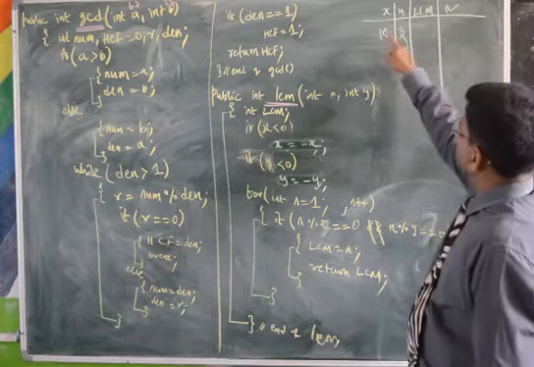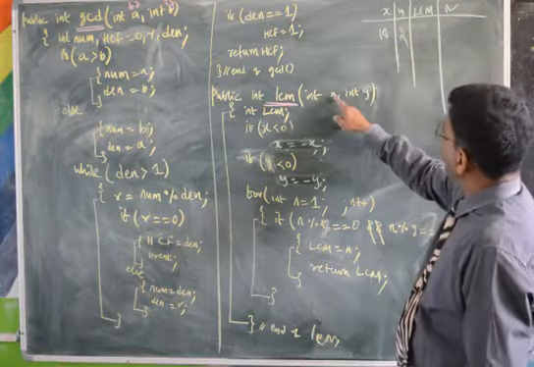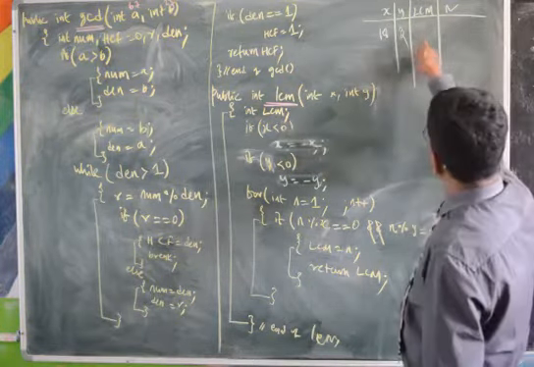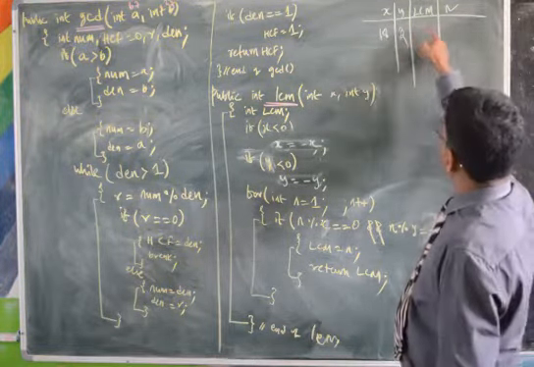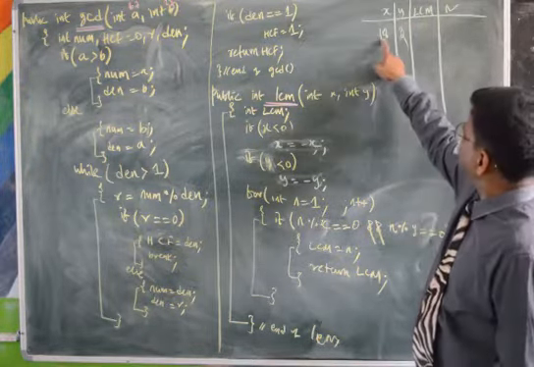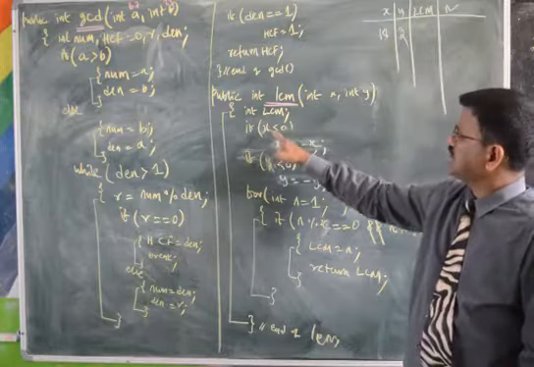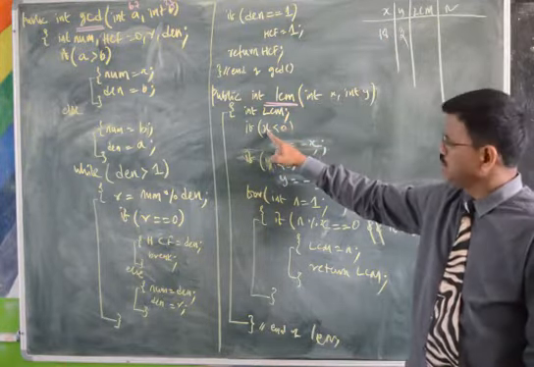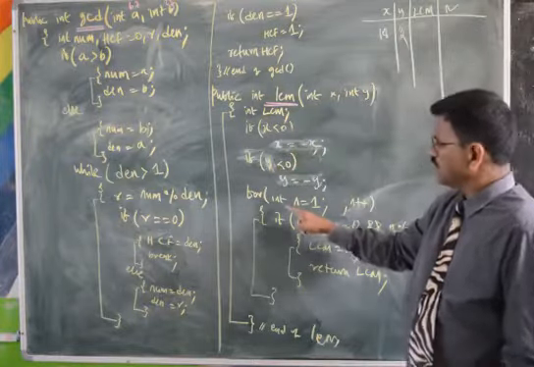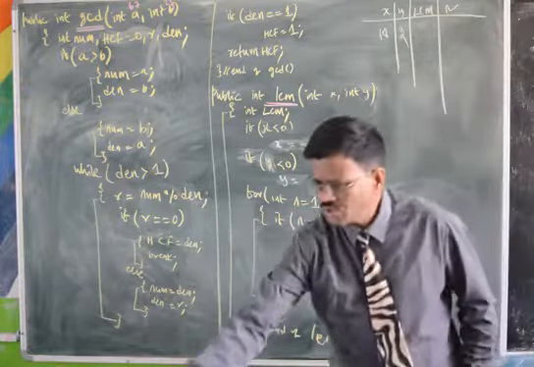The 18 value will be X, the 3 value will be Y. Come down. What is the LCM value? Nothing has been told, so by default it will be 0. What is the X value? 18. Is 18 less than 0? No. Is 3 less than 0? No. Here I begin. I use the while loop here.